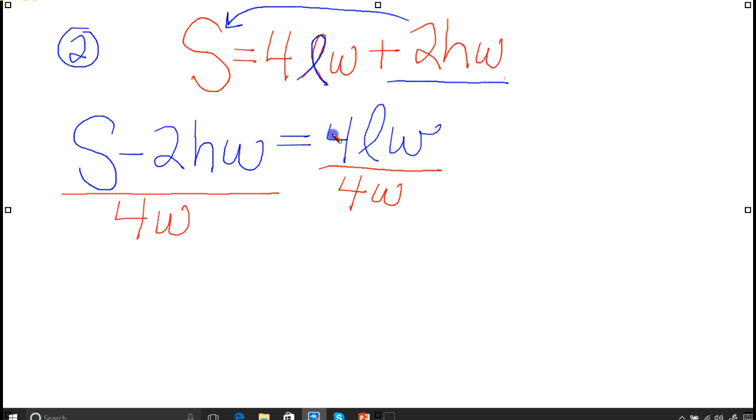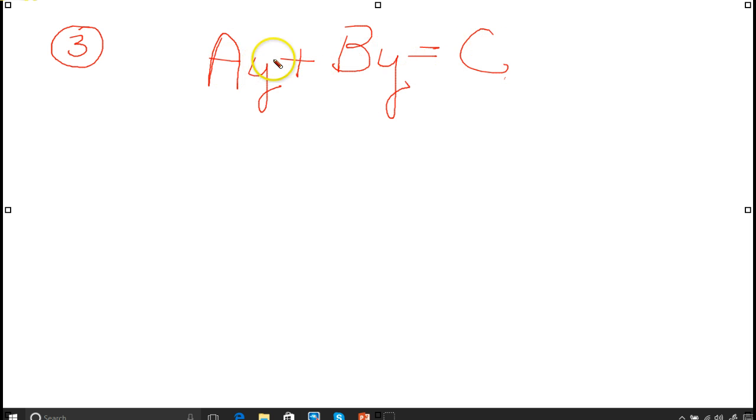Now, we cancel out the 4's, cancel out the W's. These become 1's, so we're just left with the L on this side. L equals this. In our last example, we'll give you a moment to write it down.